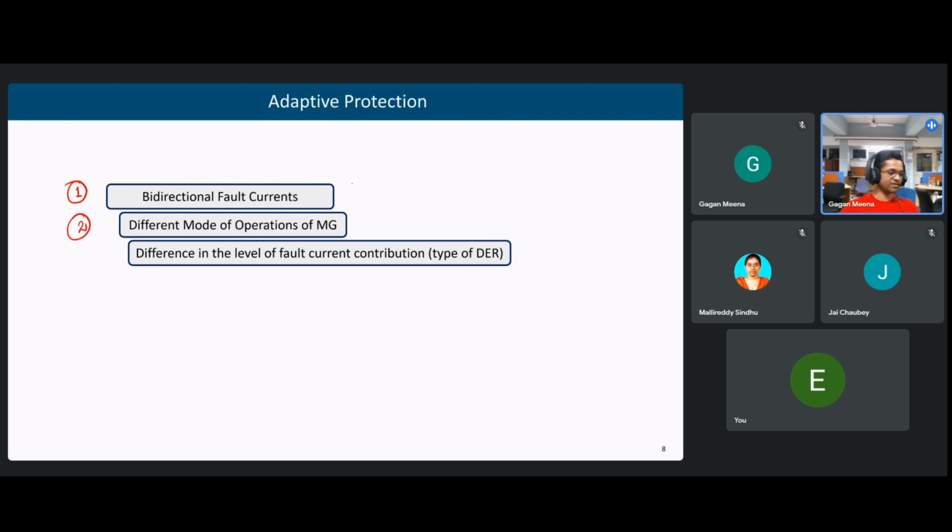different modes of operation of the microgrid, because we have this microgrid. We have two distributed generators here. So this is the circuit breaker.